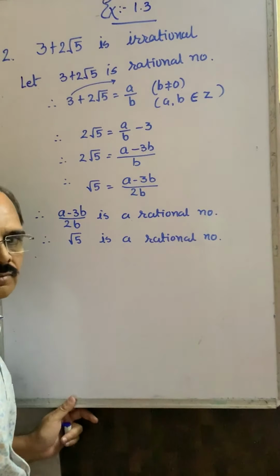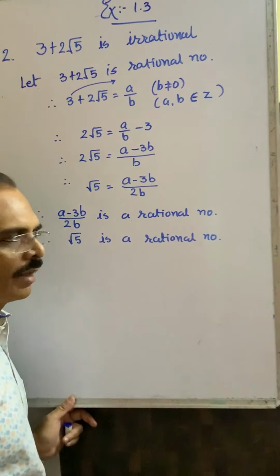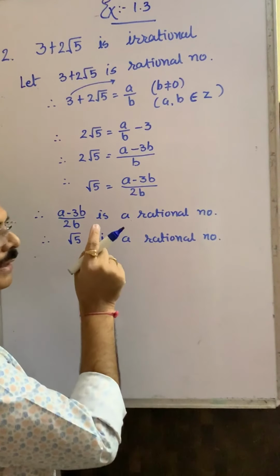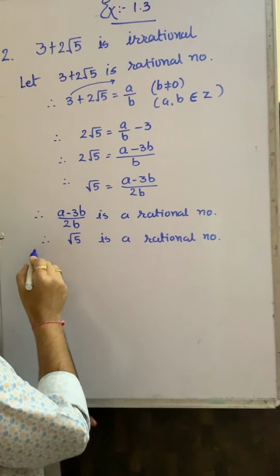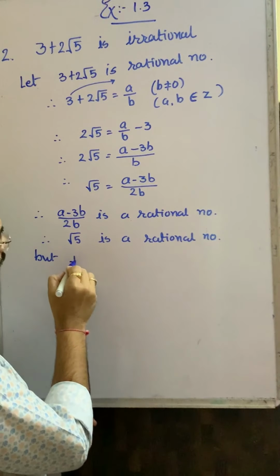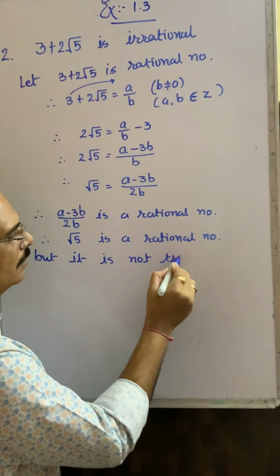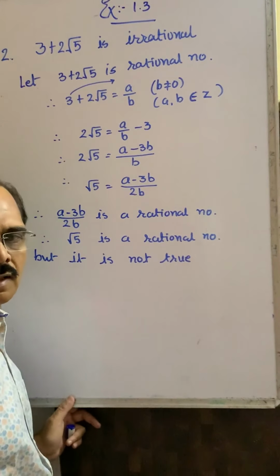But before this sum, in sum number 1, we proved that root 5 is an irrational number. But it is not true that root 5 is a rational number.